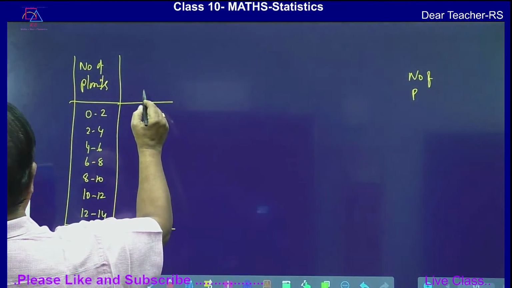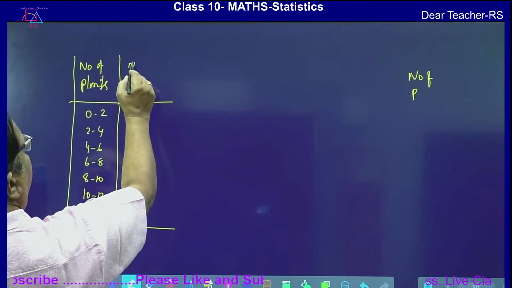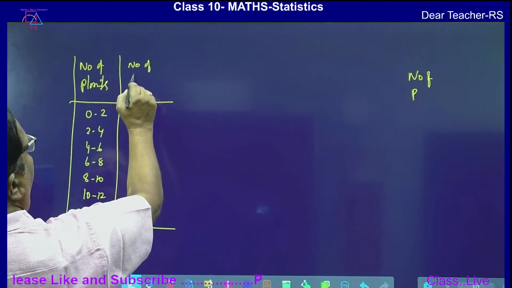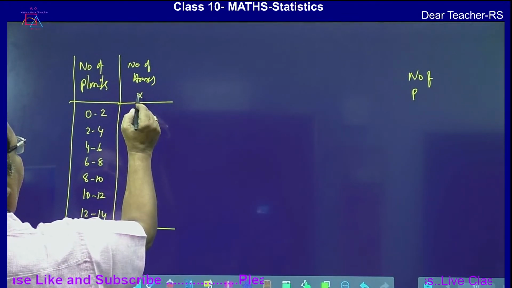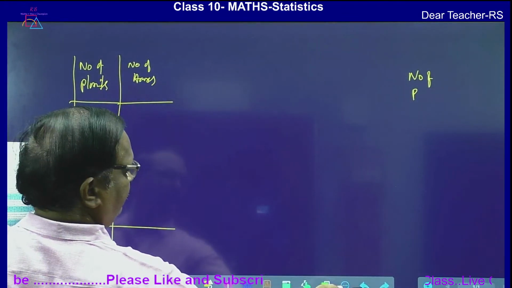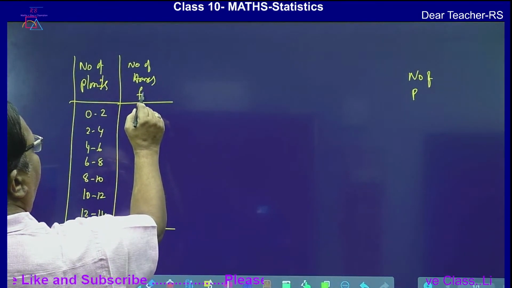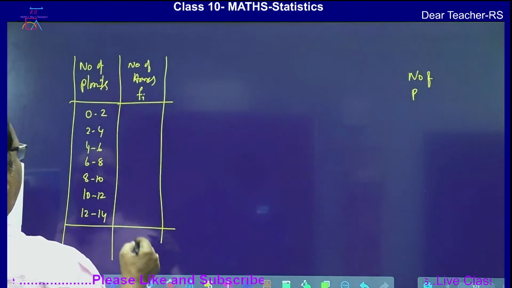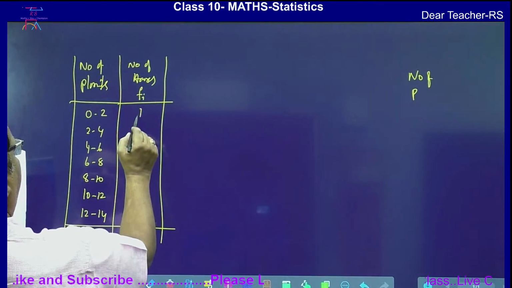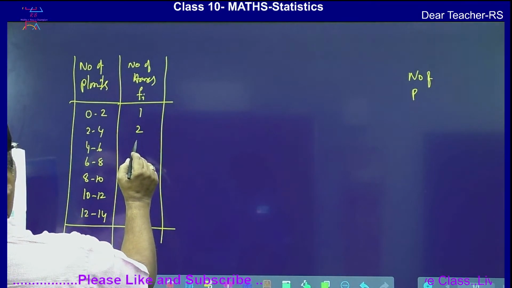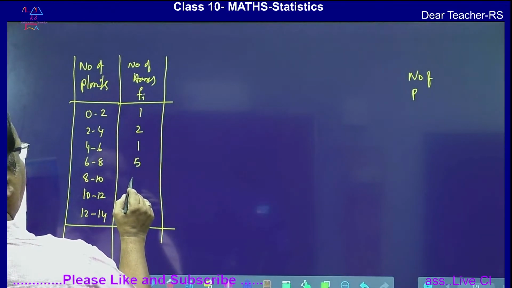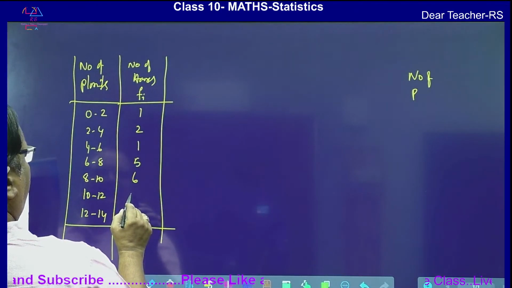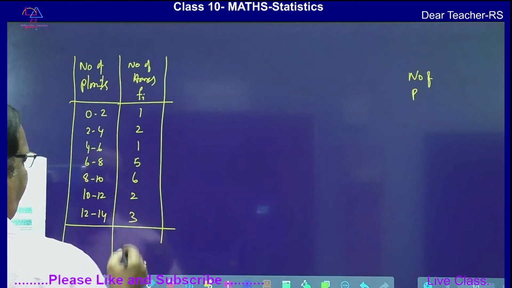The next one is the number of houses, this is fi, frequency: 1, 2, 1, 5, 6, 2, 3.